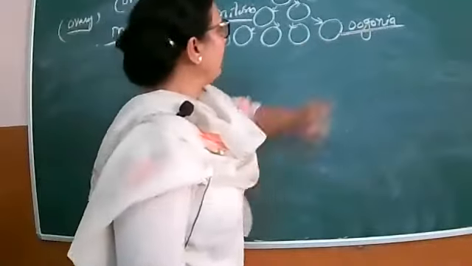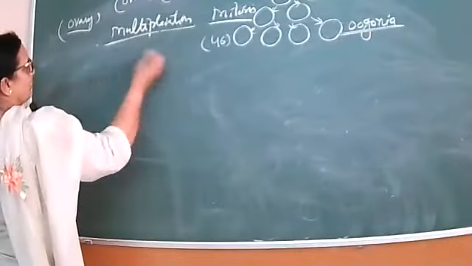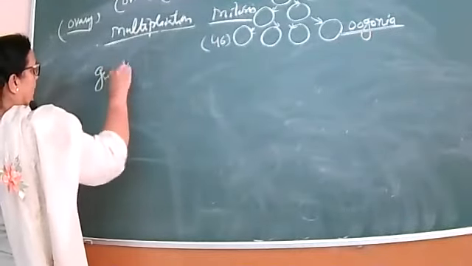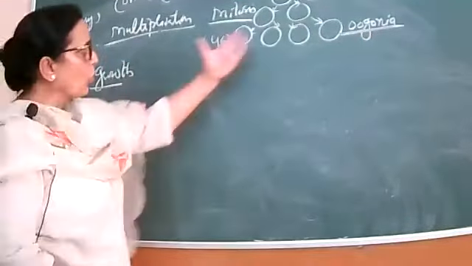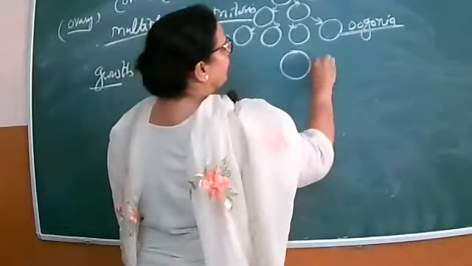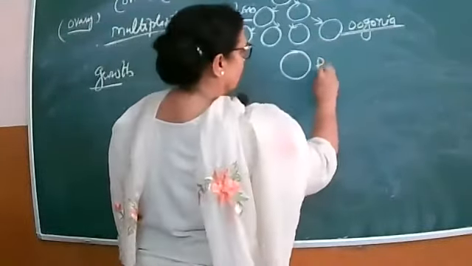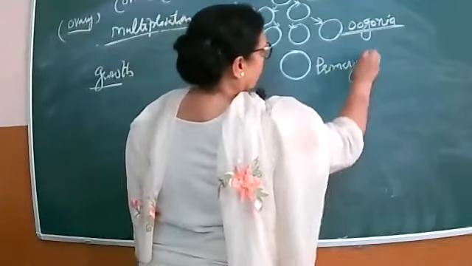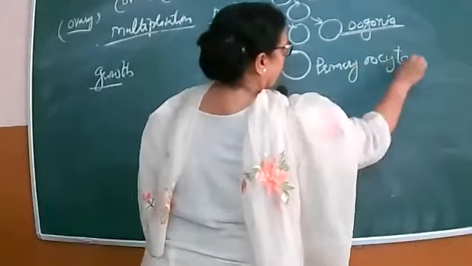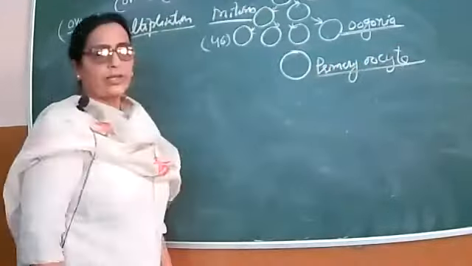This oogonia then enters the growth phase, and one of the oogonia differentiates and becomes big in size. Now what should I name that? Again, like a primary spermatocyte, this is known as the primary oocyte. Yesterday also I referred to the primary oocyte, which has a layer of follicular cells around it. And what was that known as?